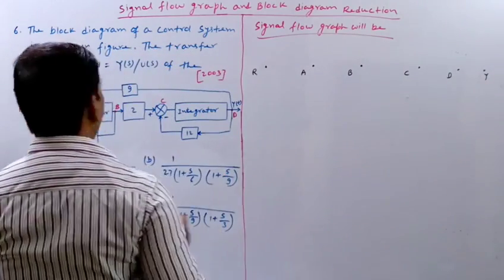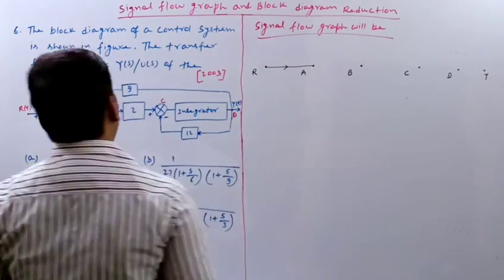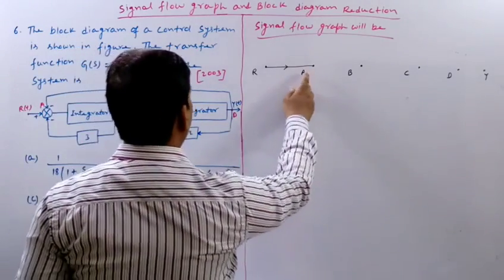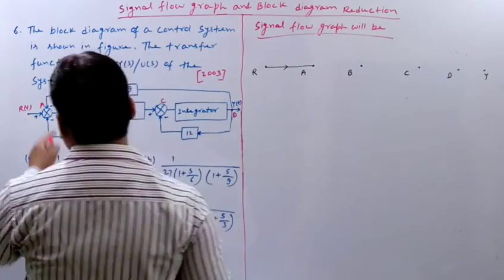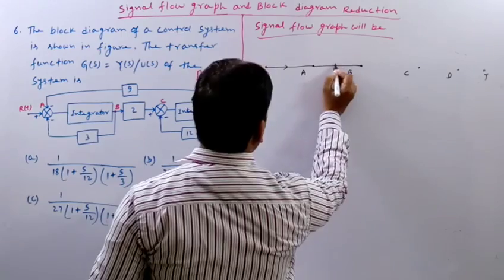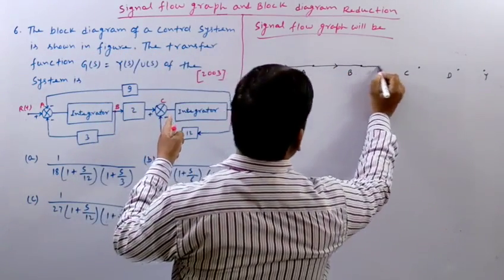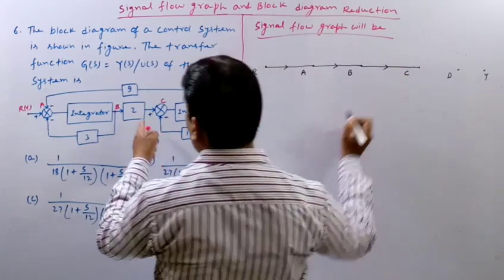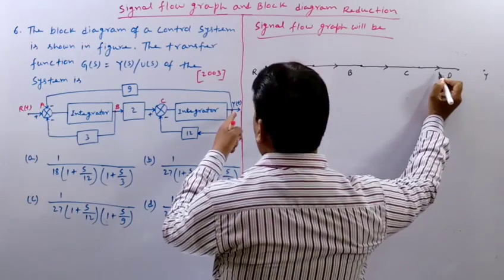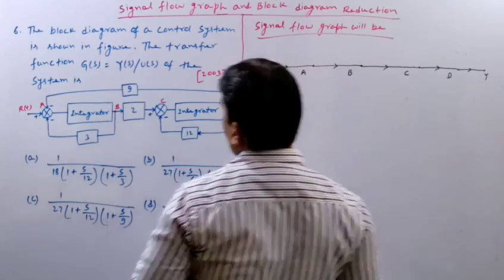Now from R to A we have to connect by a straight line, and from A to B there will be another branch. From B to C there will be another branch. From C to D there is another branch. From D to Y there is one more branch. Okay.